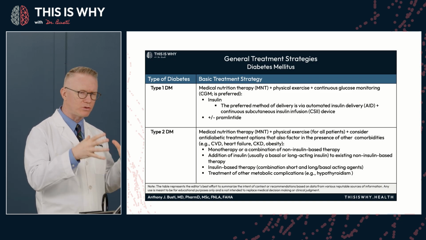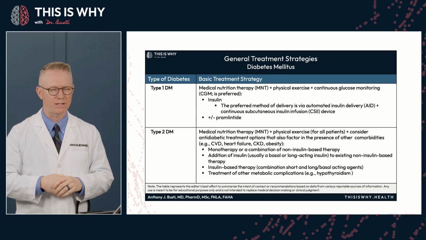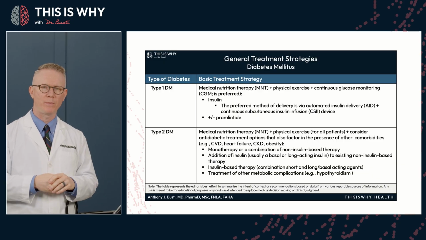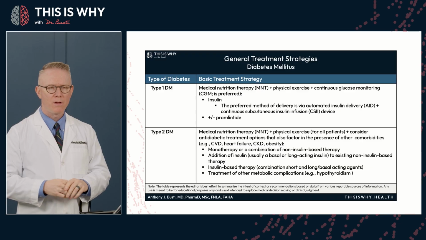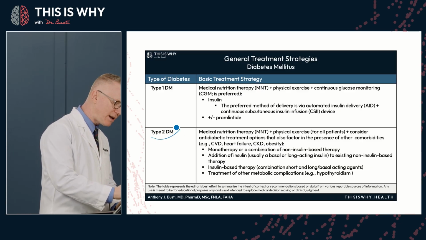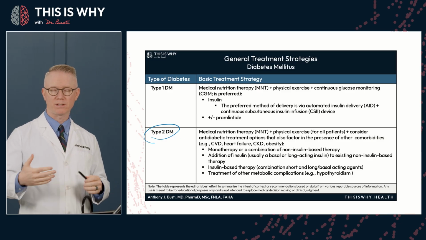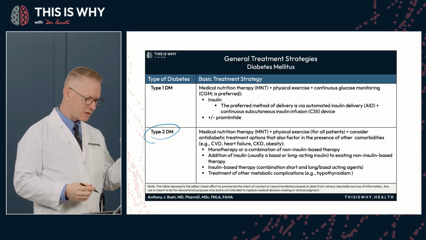But this is a general treatment overview of how you manage diabetes. It's not meant to be comprehensive, the end-all be-all, but you see that we break down type 1 versus type 2, and really we're focused on type 2 because we need a functioning pancreas to make insulin so that it can release it, right? So that's why type 1 is out.